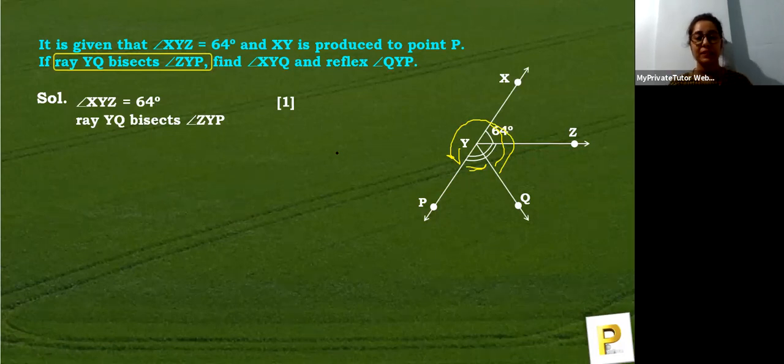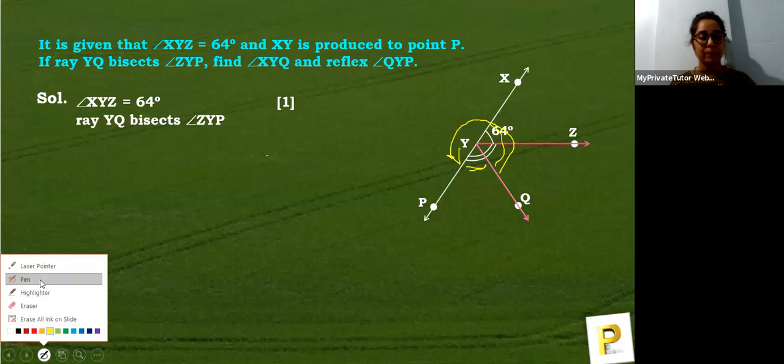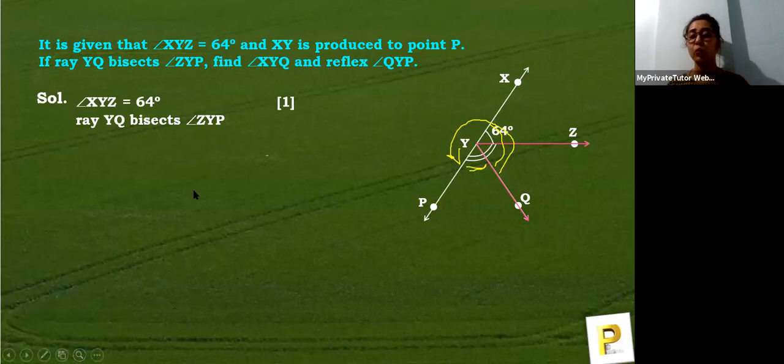Arfan has already answered our question. Let's see if that's correct or not. So ray YQ bisects angle ZYP. Bisect means that the line divides the angle into two equal parts. That is what you have to remember.